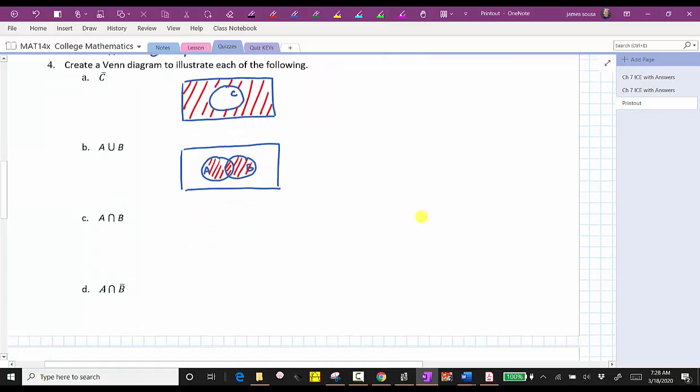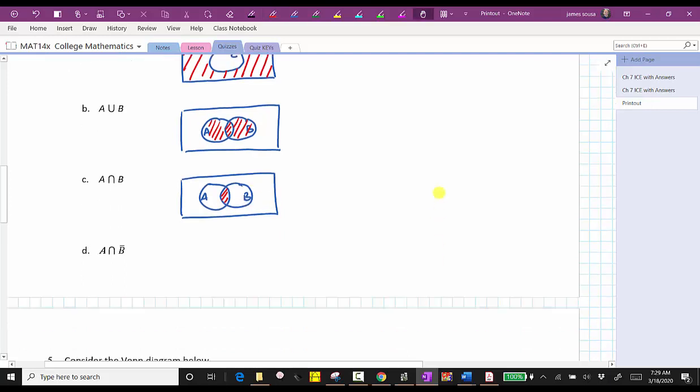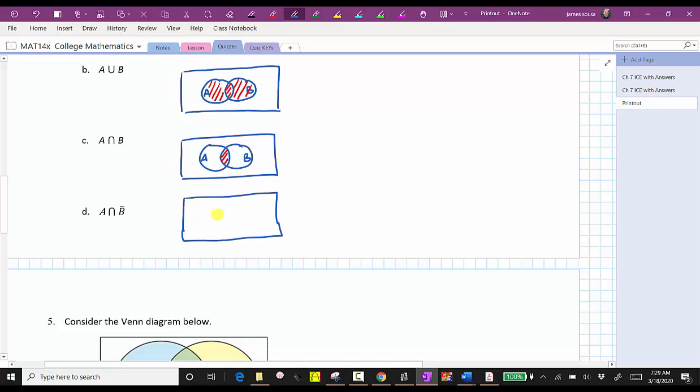And then for C, we have A intersect B. So we have the universal set, set A, set B. We want the elements that are in both A and B, which is this overlapping region here. This is the intersection of A and B. And then finally for D, we have the universal set.